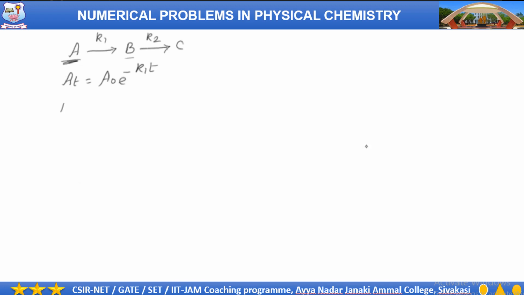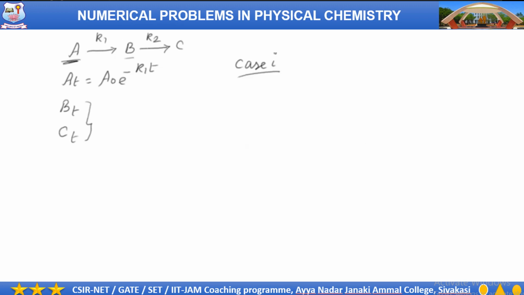Similarly, you can calculate the concentration of B at the time t, and the product at the time t, but these equations are very lengthy. Therefore, we are not going to consider that equation. Instead, we apply limitations for this.